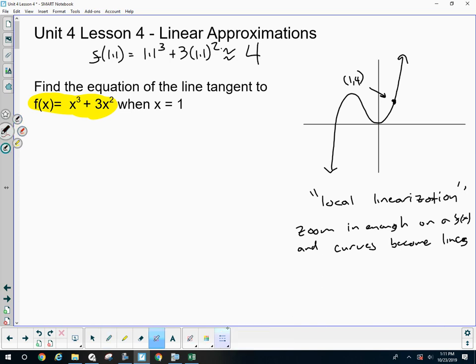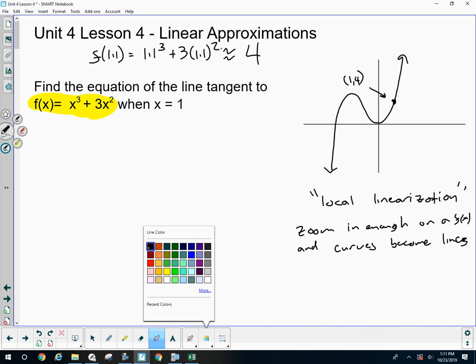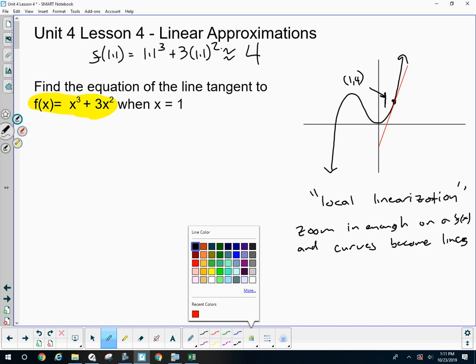Ready? The idea is if we produce the equation of a tangent line at the location that's close to this value, at 1, 4, which is easy to work with, knowing that if I zoom in enough at this location, my red line and my function will essentially be the same line.